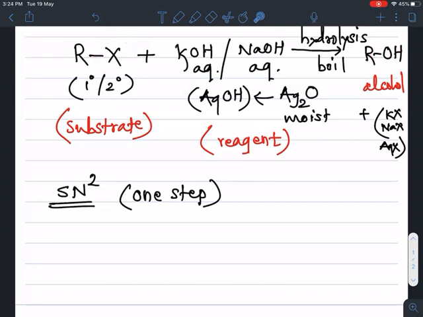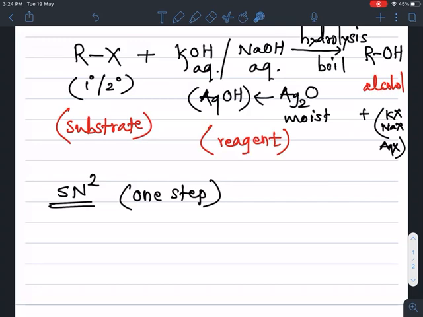So this is the first type of reaction: an alkyl halide, either primary or secondary, reacts with a strong nucleophile containing reagent, that is aqueous KOH, aqueous NaOH or moist silver oxide, and gives its corresponding alcohols.